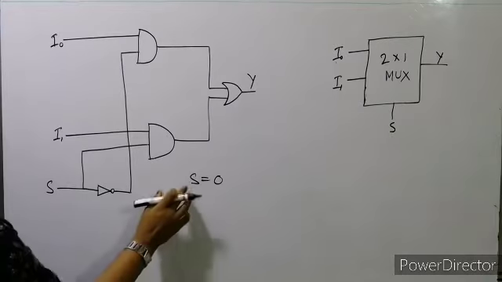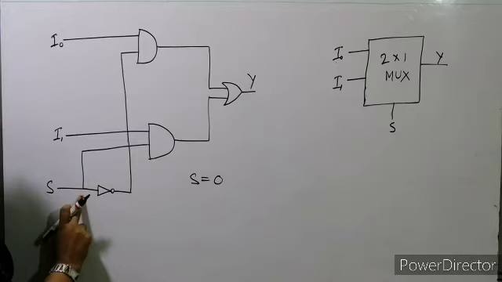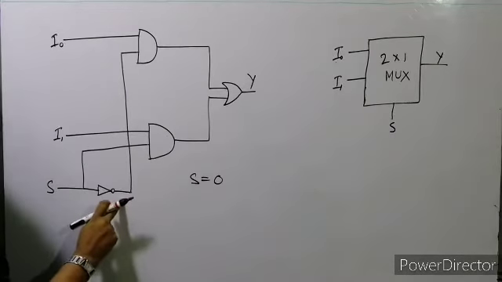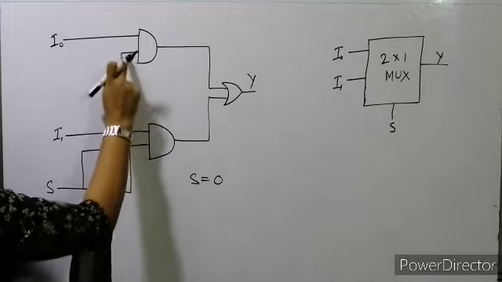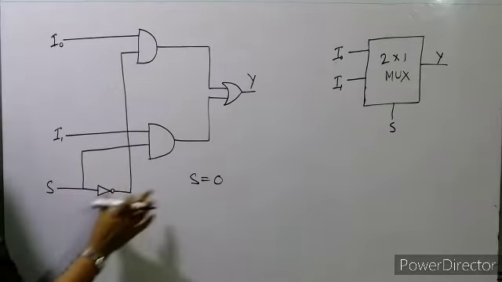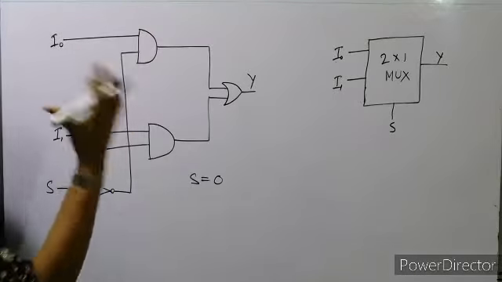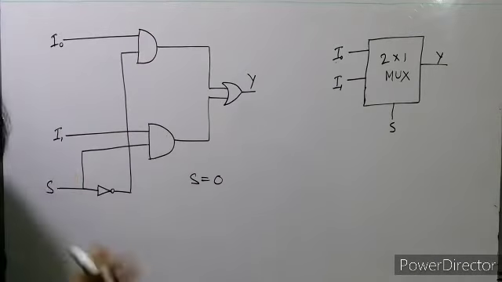How? If s is equal to 0, this 0 goes here, so s complement will be 1, so this will become 1. In this case, if s is equal to 0, the upper AND gate, I0's AND gate, will be enabled and the other one will be disabled.